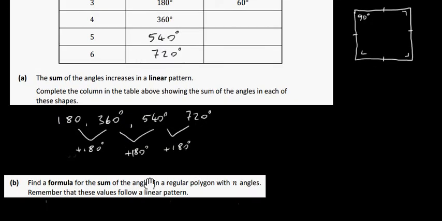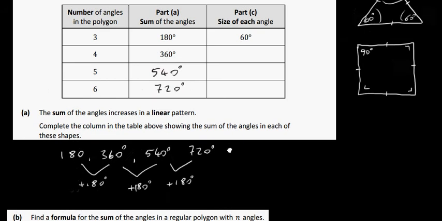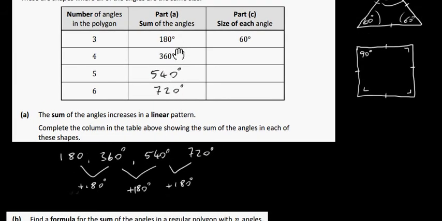Find a formula for the sum of the angles in a regular polygon with n angles. Remember that these values follow a linear pattern. Now we've got to find a formula for this here.